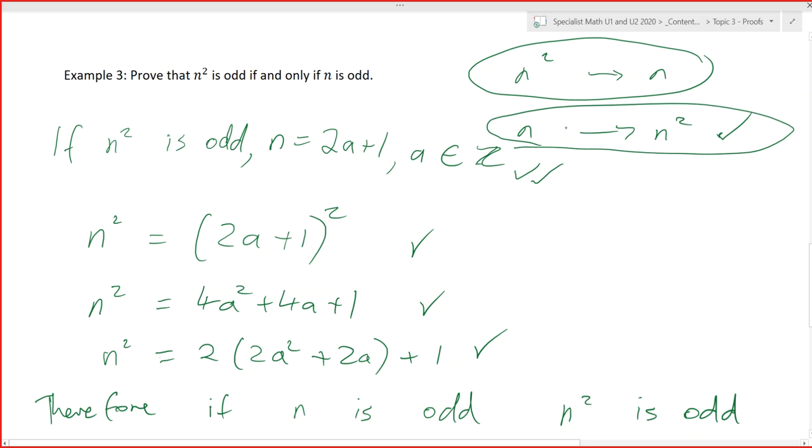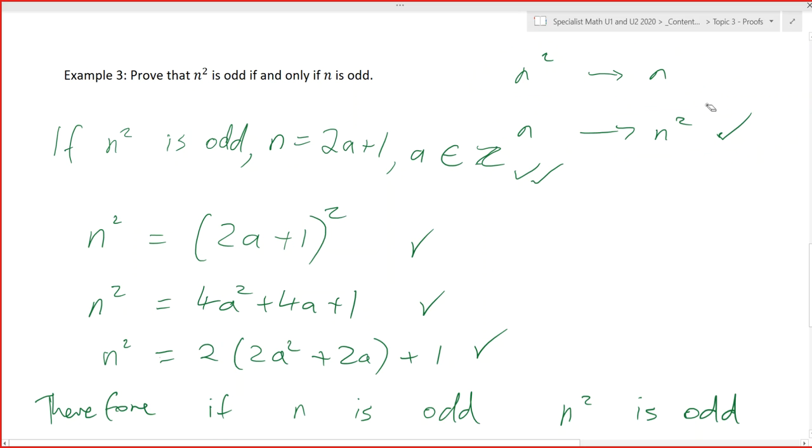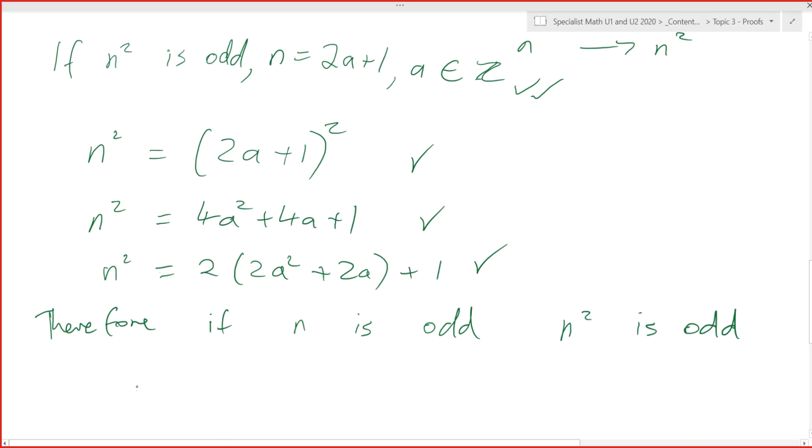Now we're going to do the other one, the first one. So we're going to have n squared is odd, to show that n is odd. So n squared is 2b plus 1.